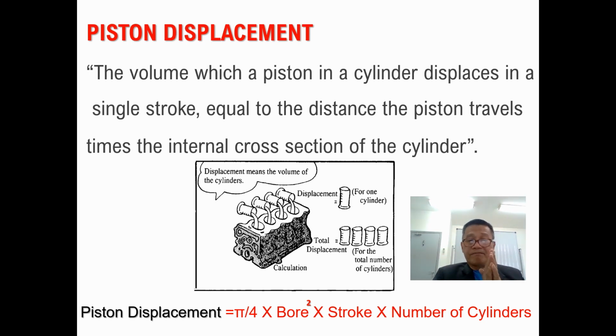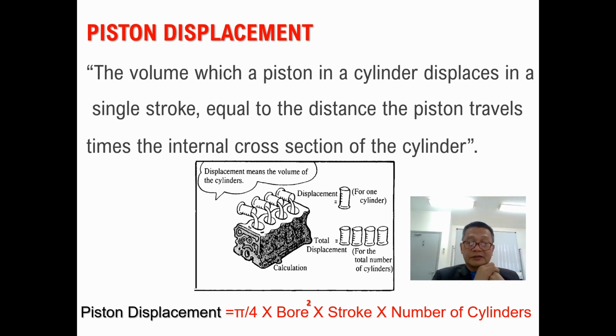Basically, piston displacement represents the volume in which the pistons move inside the engine from bottom dead center, which is the lower part, going to the upper part, the last point the piston can reach, which we call the top dead center.